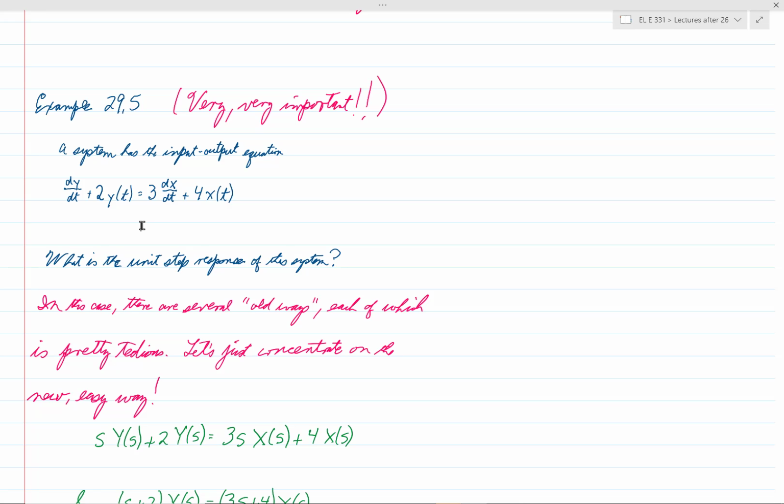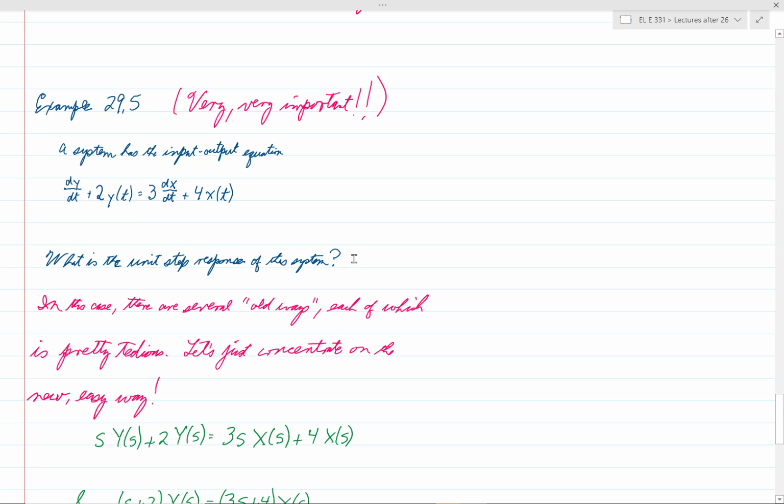We could have used our multi-step procedure that we found before to find h of t, the impulse response of this system, and then we could have integrated h of tau d tau from negative infinity to t to get the unit step response. So that's two different ways that we could have done this problem.